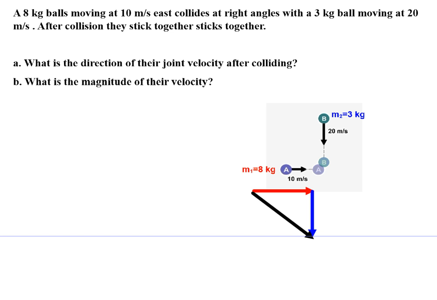Let's take a look at how to do the calculations. The length of the red vector, which we'll call px, is equal to m2 times v, which is 8 times 20, or 80. The length of the blue vector, py, is equal to m1 times v, which is 3 times 20, or 60.